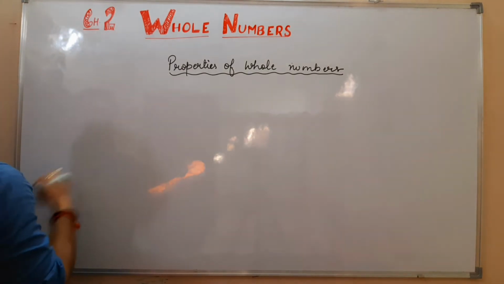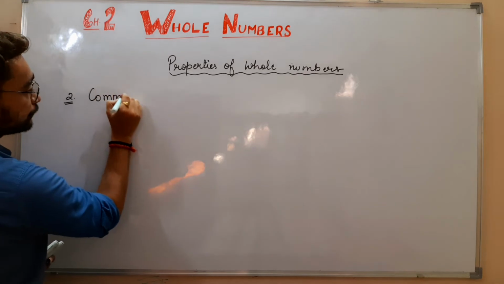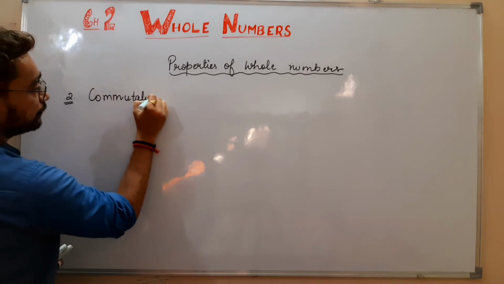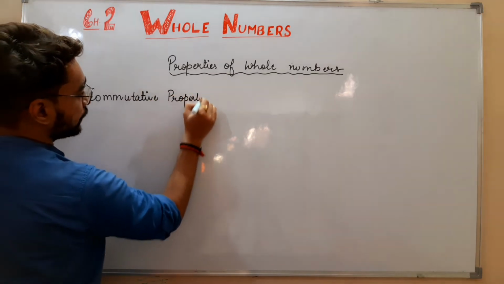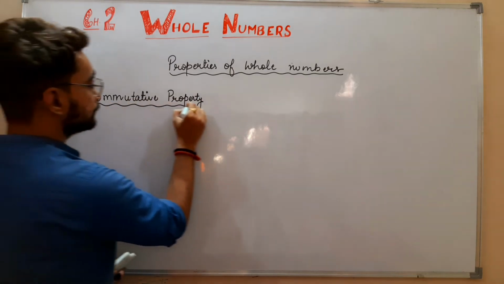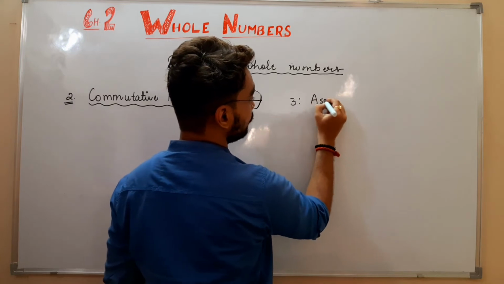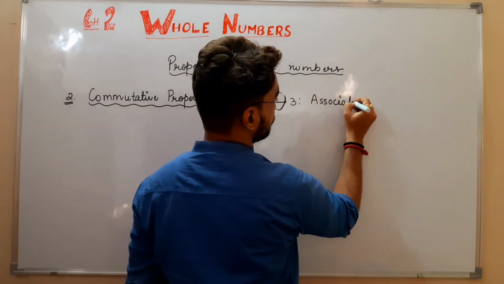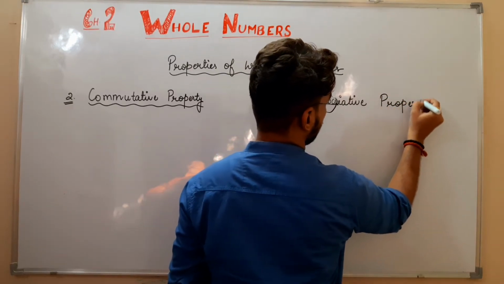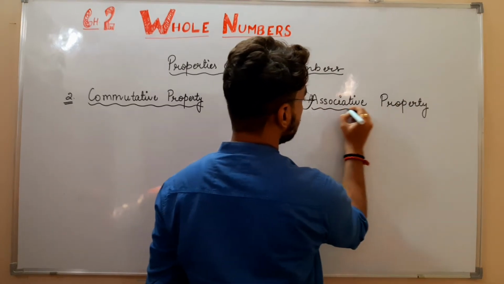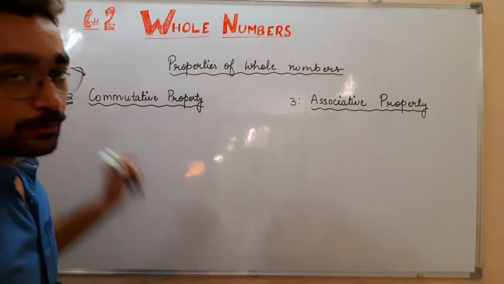Property number 2 is actually our commutative property, and property number 3 is actually our associative property. Just remember that associative property is the advanced version of commutative property.